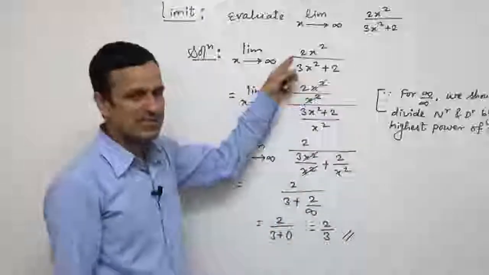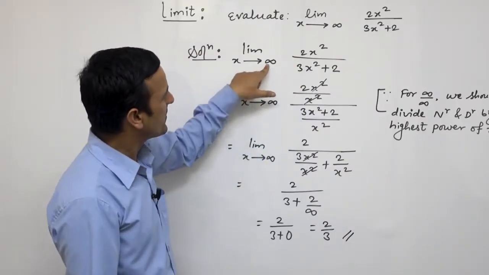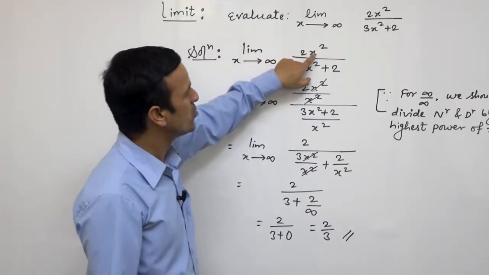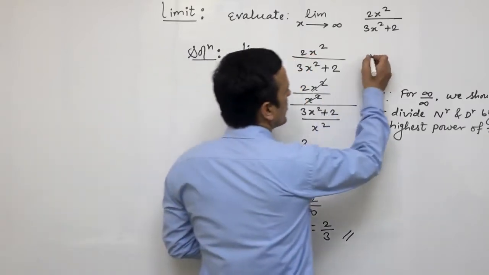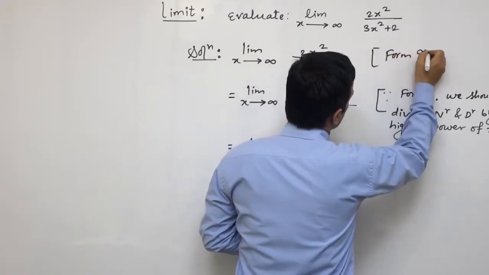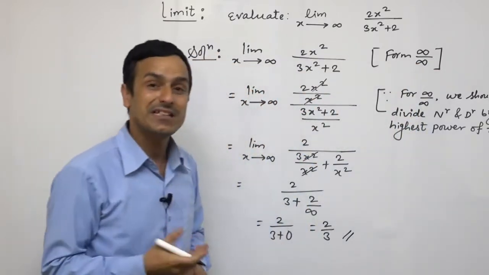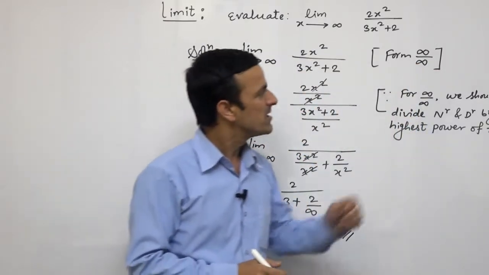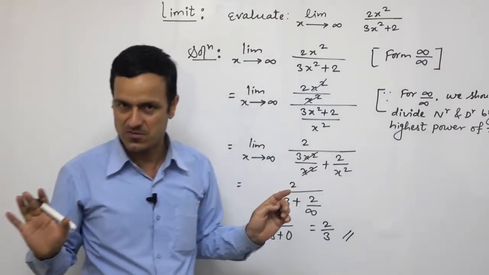So this question is slightly different because if you put the value of infinity in numerator and denominator, then we have the form infinity by infinity. This is also one of the indeterminate forms, because as you know there are 3 basic indeterminate forms.